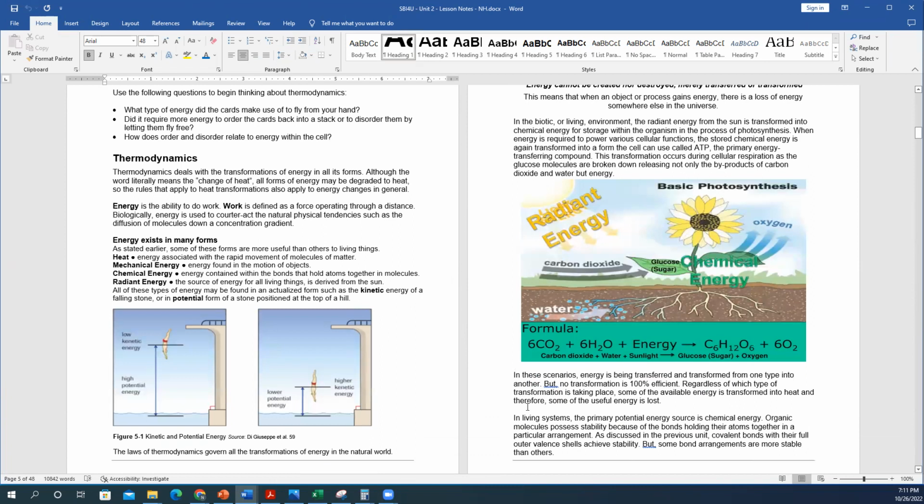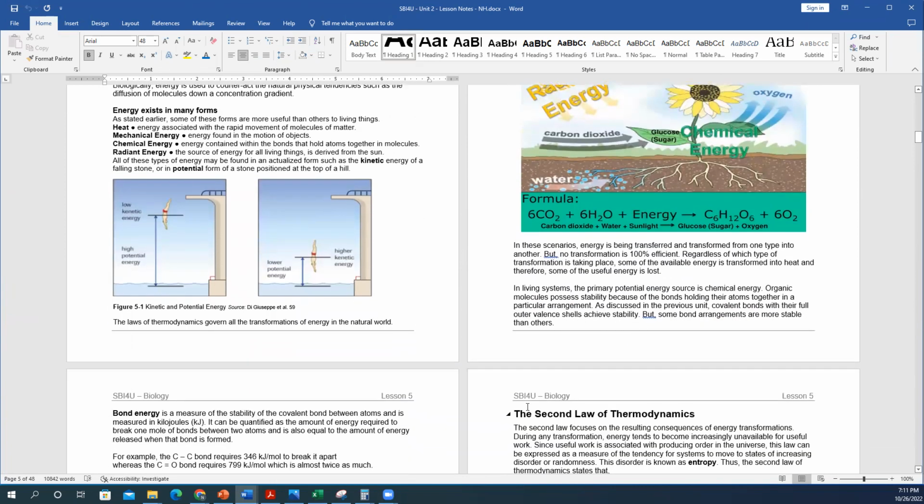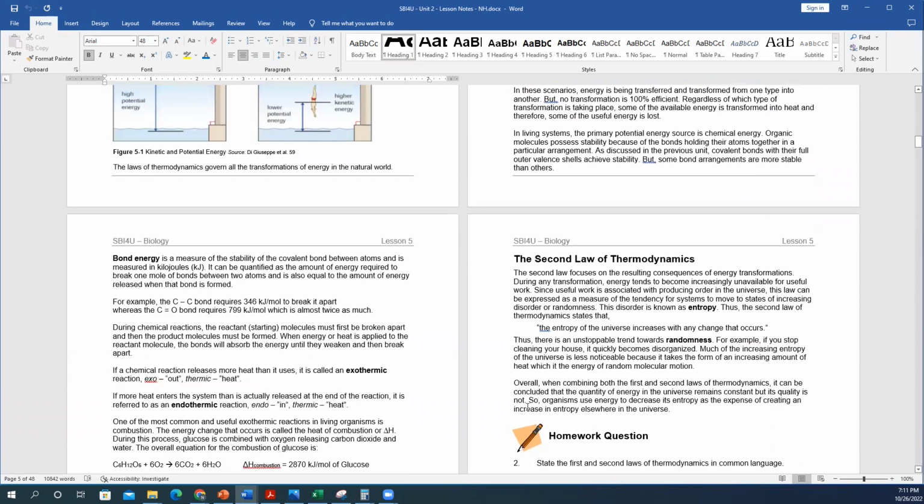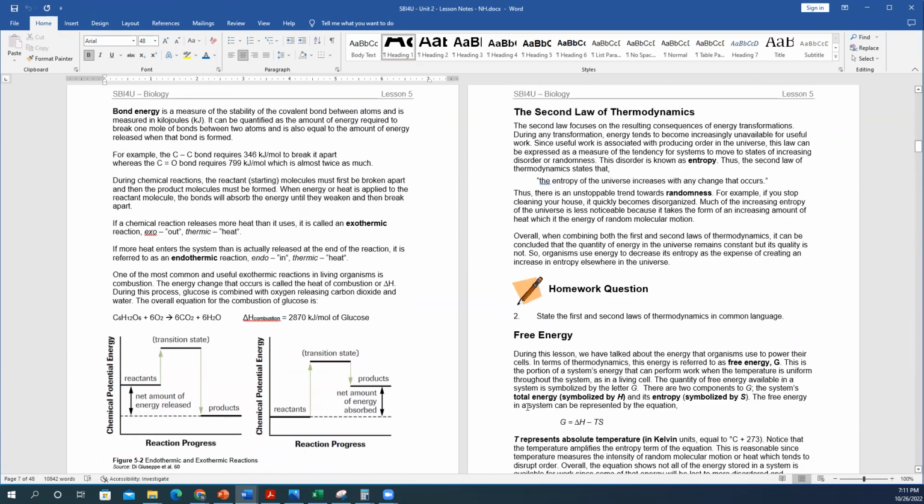To review thermodynamics and the concept of bond energy: you can have reactions that are exothermic, that release energy, and reactions that are endothermic, that consume energy and take up energy.